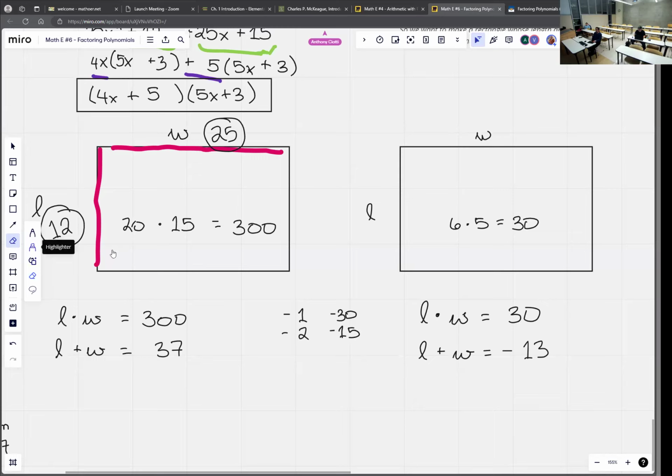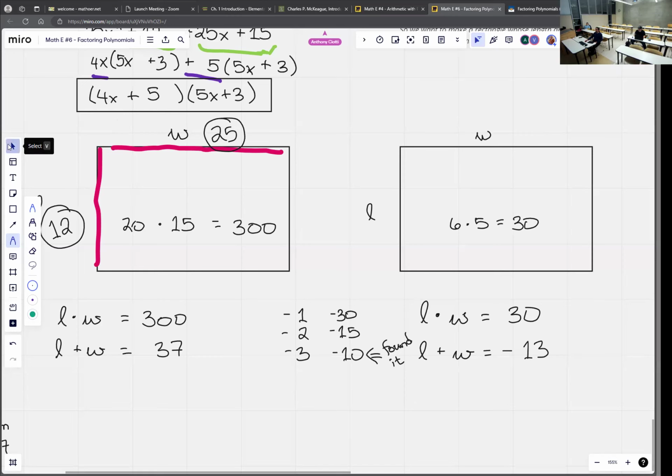I'll keep going. Negative 3 and negative 10. There we go. Now I found it. Two things that multiply to positive 30 and add up to negative 13. Sorry, I confused you. You can understand it and hate it.